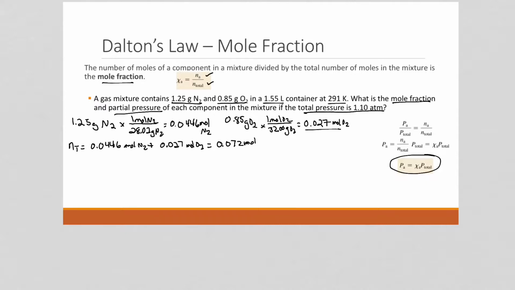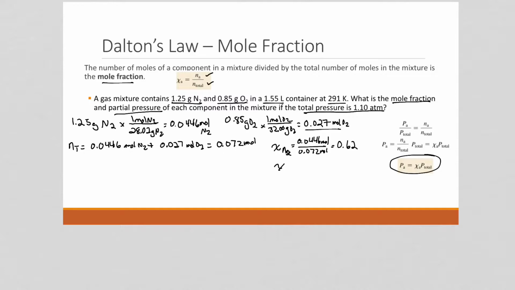And now I can figure out my mole fractions. So my mole fraction of N2 equals 0.0446 moles divided by 0.072 moles, and that equals 0.62. 2 significant figures because of the bottom number.